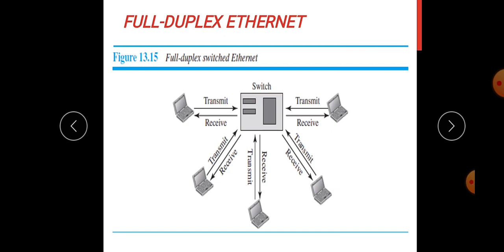The full duplex mode increases the capacity of each domain from 10 to 20 Mbps. The figure shows a switched Ethernet in full duplex mode. Here, instead of using one link between the station and the switch, the configuration uses 2 links, one to transmit and the other to receive.